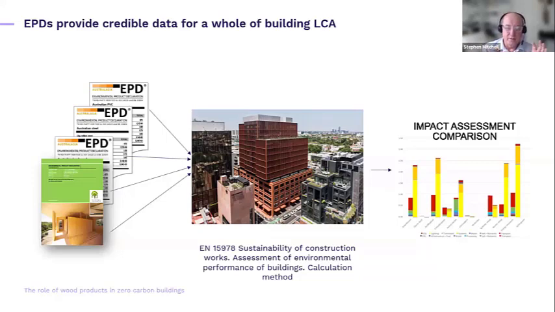They're designed for designers and specifiers and people procuring materials to take that information, to put it in the context of their whole building, and then make a comparison between different design options or different material usage. And there is an overall standard for considering that, EN 15978, Sustainability of Construction Works.